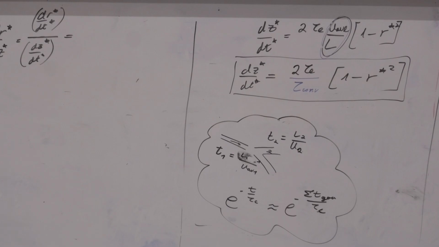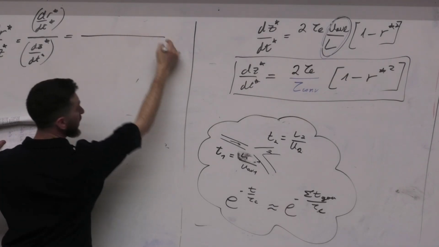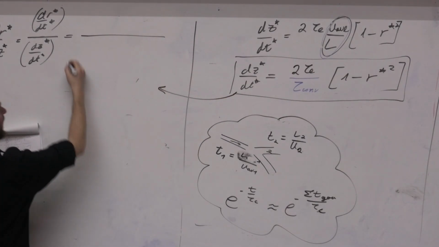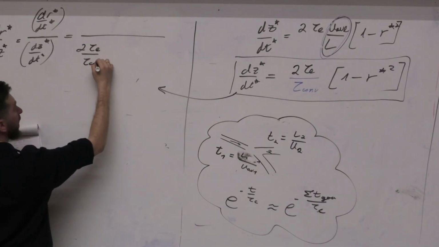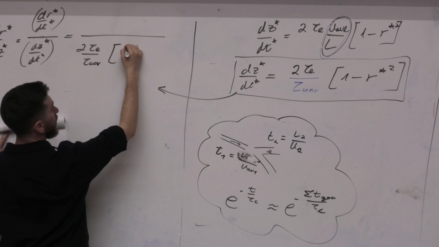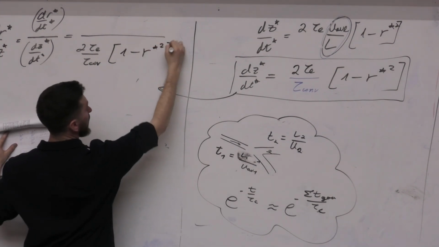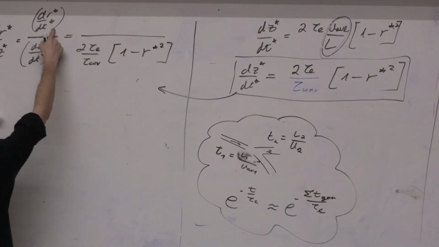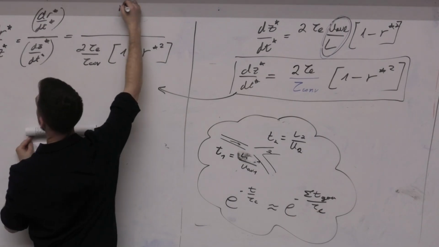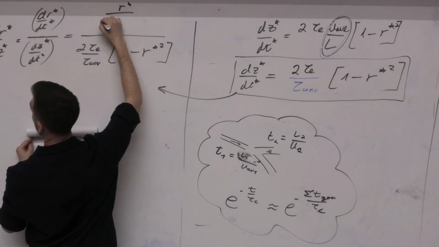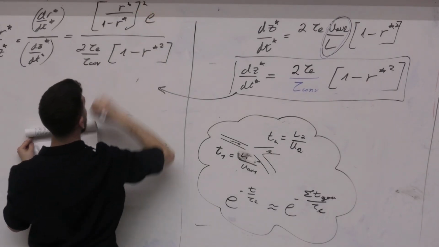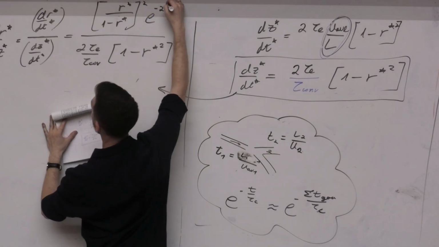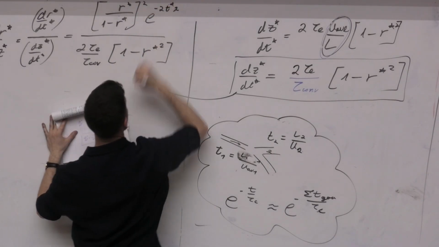How do these two behave? So dz, we just found that, is 2 tau e divided by the convection time, 1 minus r squared 2. And this one is r star 1 minus r star squared, and we have the exponent of charge decay that we might have, right?